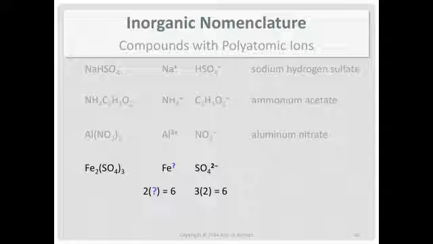The charge on the iron ion has to be 3 plus in order to get to 6. 6 for the positive charge, 6 for the negative charge. And since that's a transition metal and falls under those rules we laid out before, it's called iron(III) sulfate.